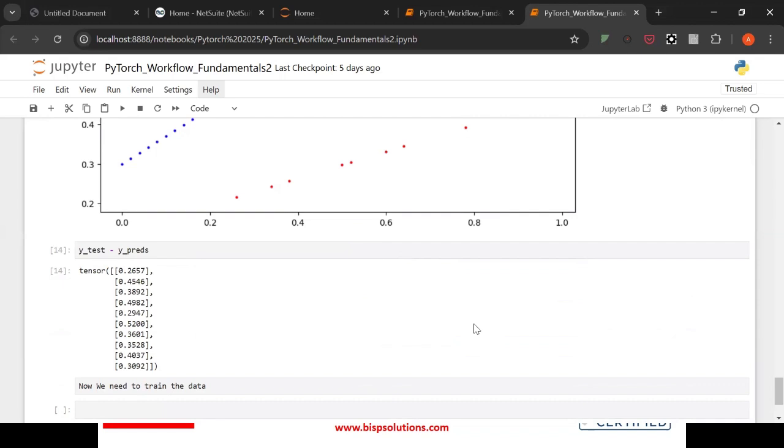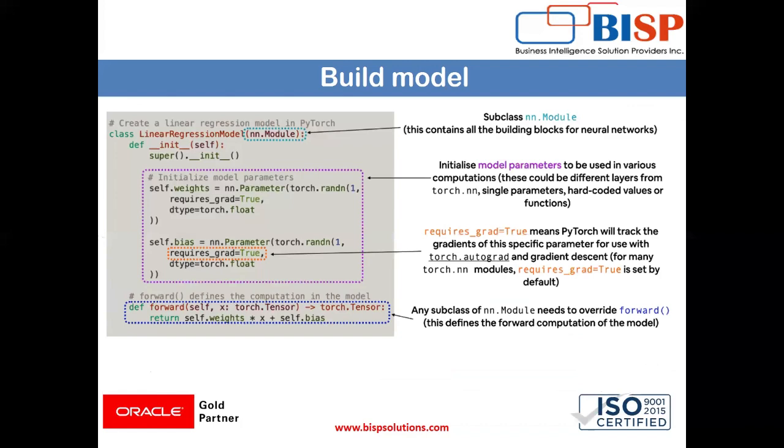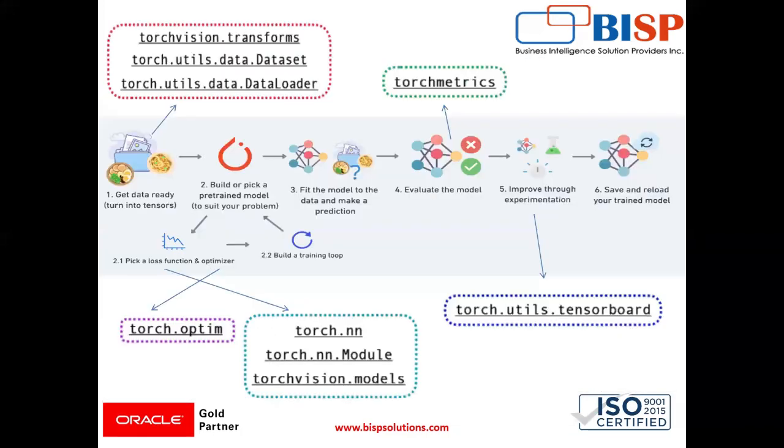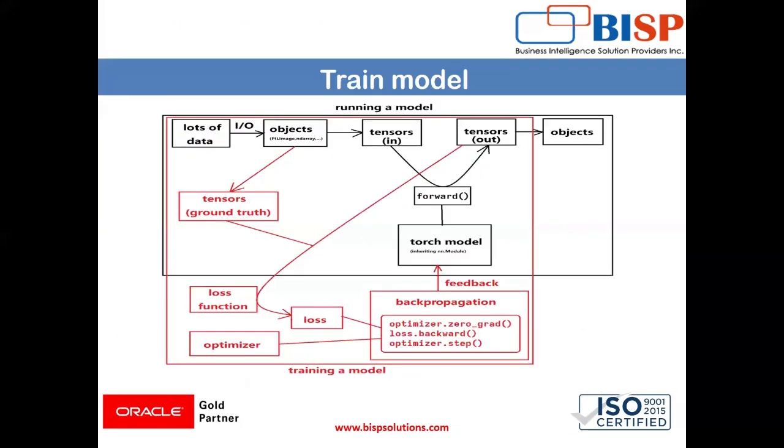For that we run epochs, that means repetitions. So we will see that in our next video. So guys, I recommend you to watch this video again, and then we will see how to train the data. This is how we train the data. So we will see it in our upcoming next video.